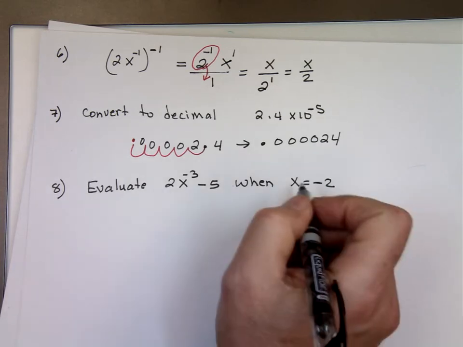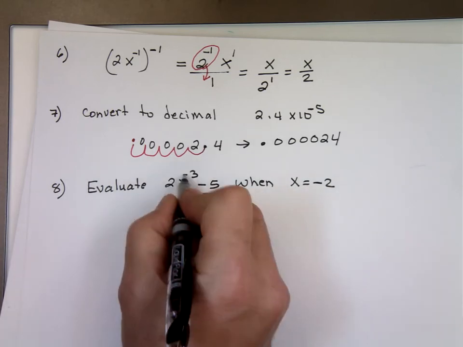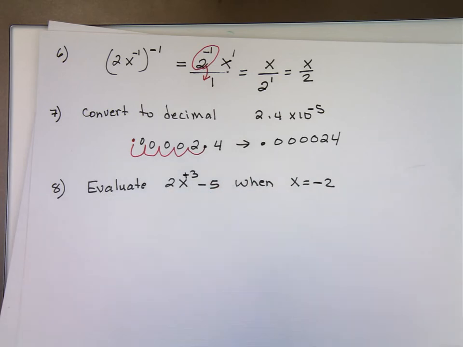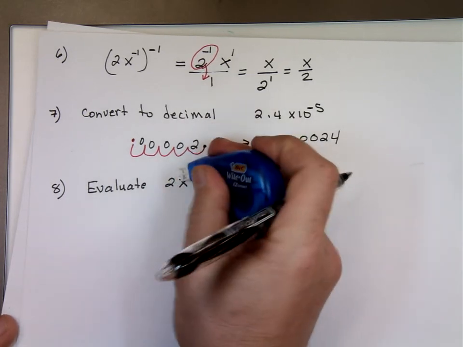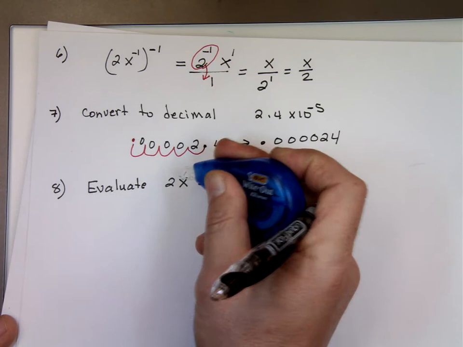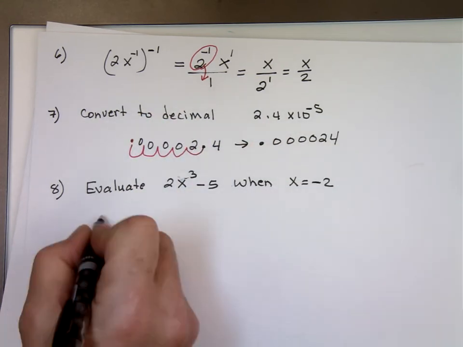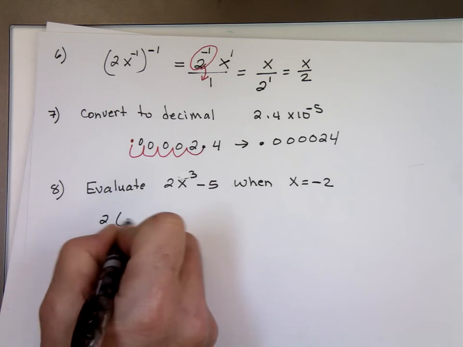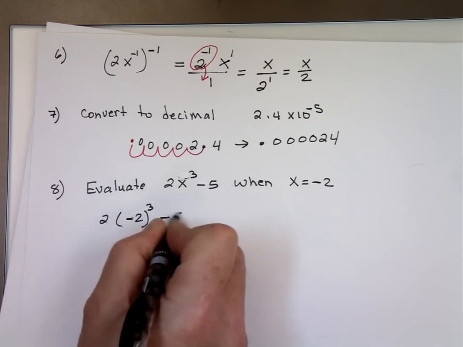Replace x with negative 2, right? Oh, that's a plus 3. I didn't mean it negative 3 here. 2x to the third. I know I was thinking about a negative number. So 2x to the third minus 5 when x is negative 2. 2 times negative 2 to the third minus the 5.